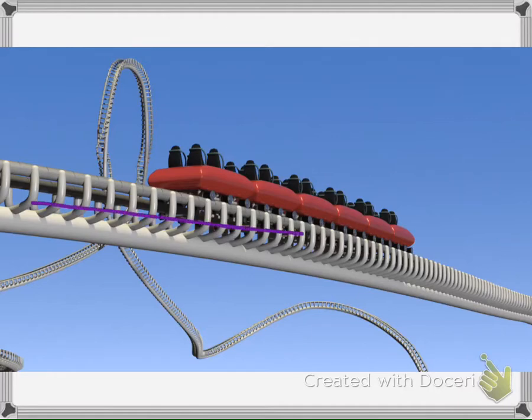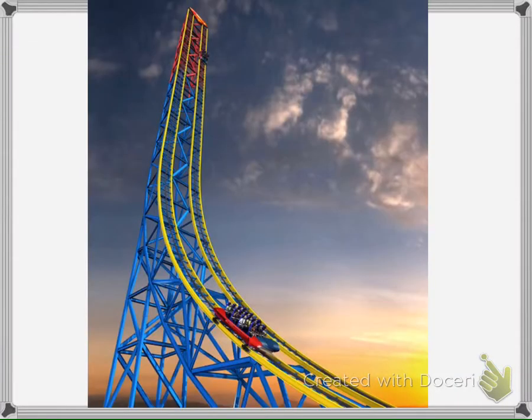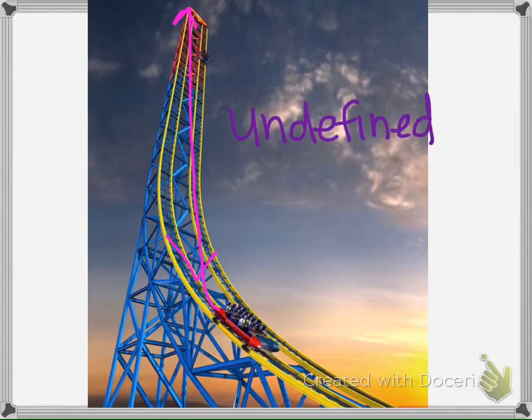We're just going on a straight line here. But when the ride goes straight vertically, a lot of people are scared, but they are having a lot of fun. And that's the most steep slope there. And we call that undefined. Okay, and then again, to get the actual numbers, you have to do rise over run.